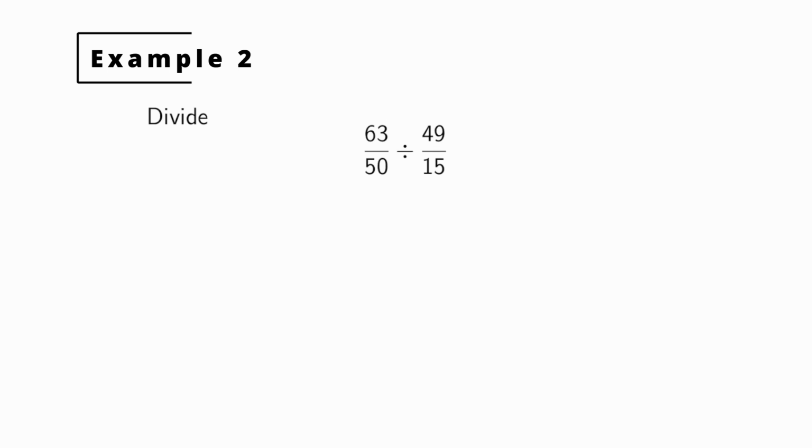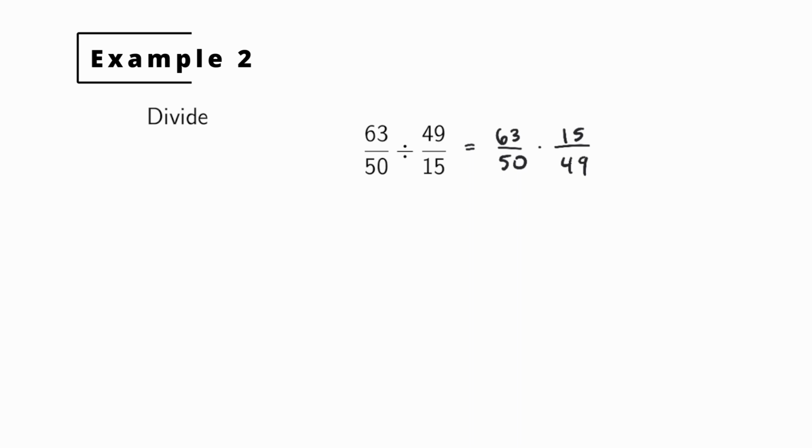by 49 over 15. Now, again, both of these fractions are in lowest terms, but the first thing we want to do is rewrite this as a multiplication problem by taking the 63 over 50, and then we can change this to, instead of division, multiplication, 15 over 49.